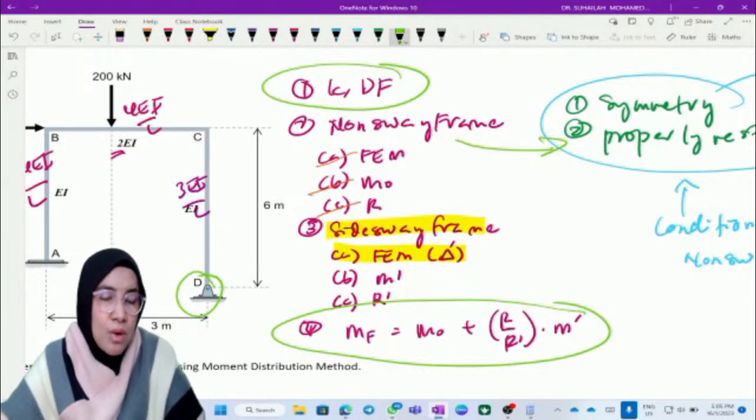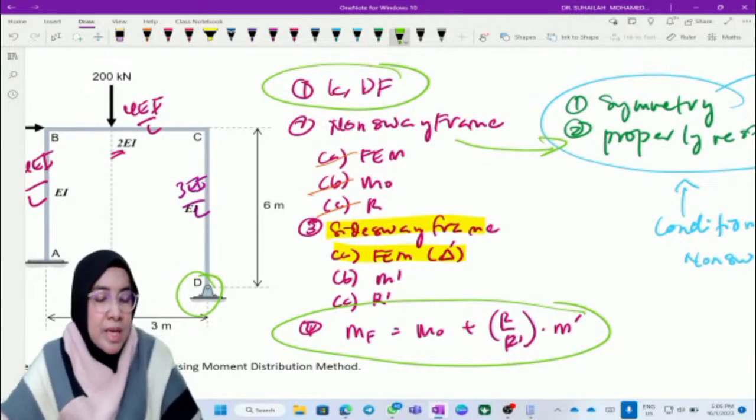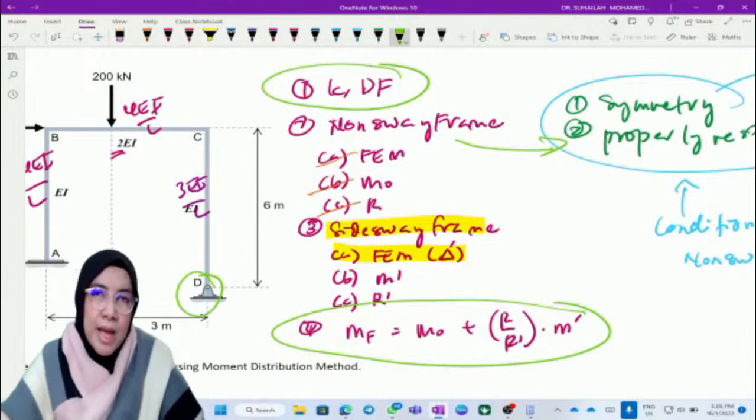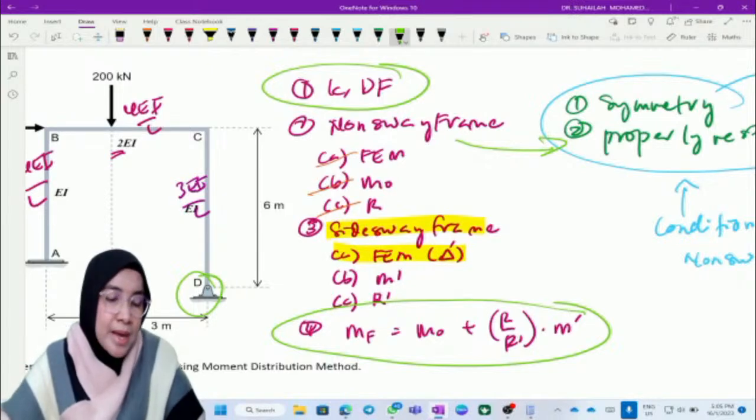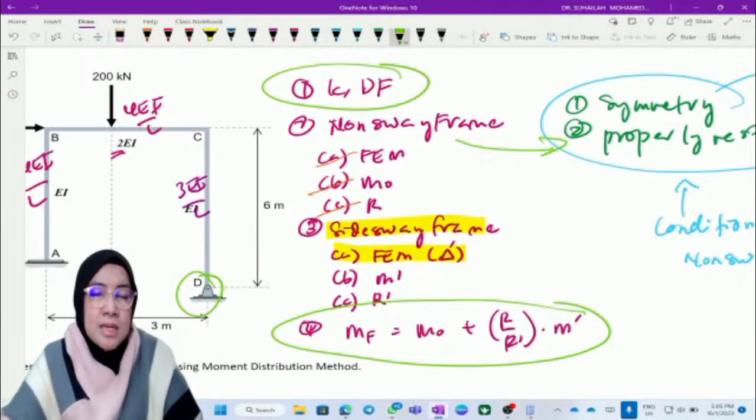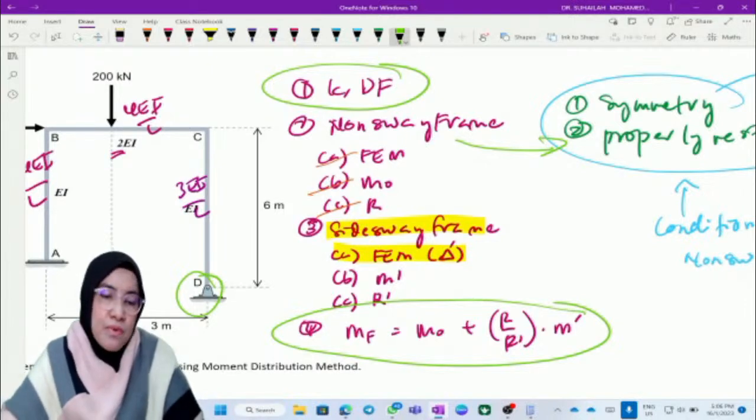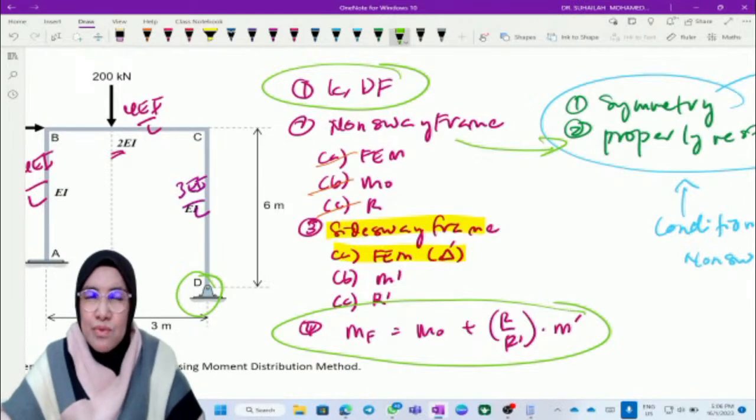Once we have calculated all this, we just need to substitute into the formula: MF equals M naught plus the correction factor k times M prime. So we get the moment for the frame with sidesway. In this frame, we do not know the delta value, and we do not need to calculate it.